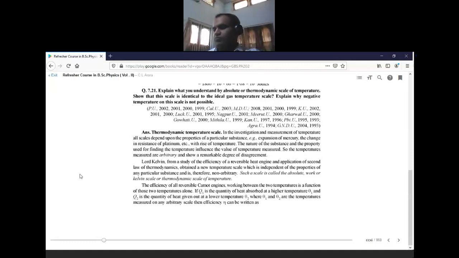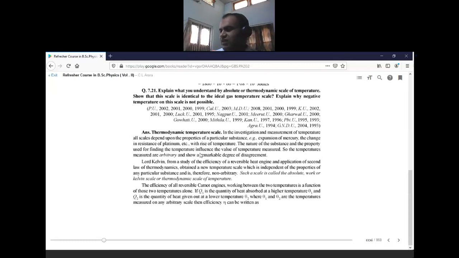How much resistance change is observed will also depend on the material. So the nature of the substance and the property used for finding temperature influence the value of temperature measured. So this is not always consistent, and there may be certain disagreements.